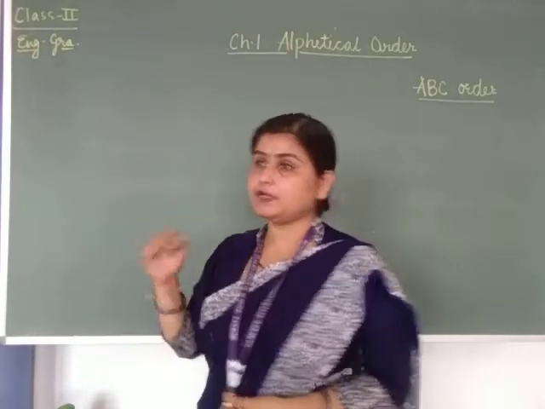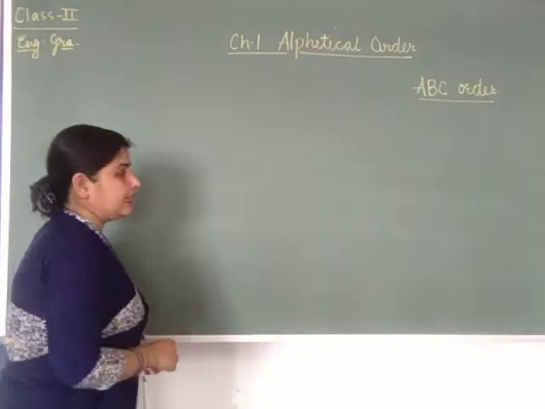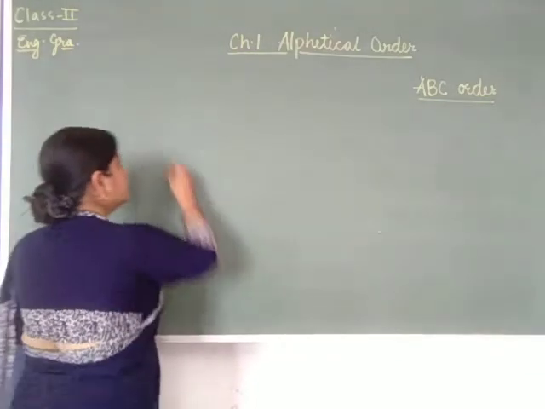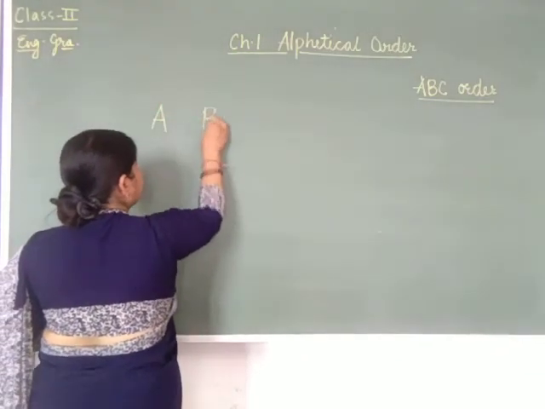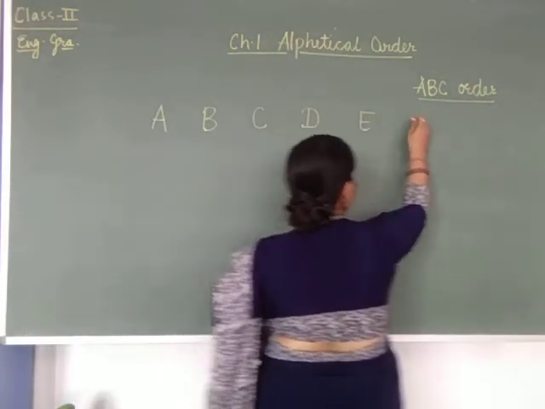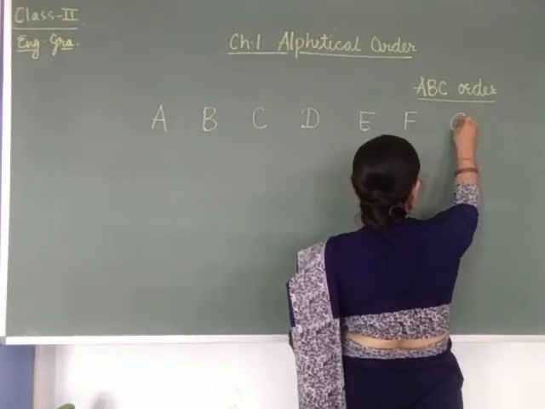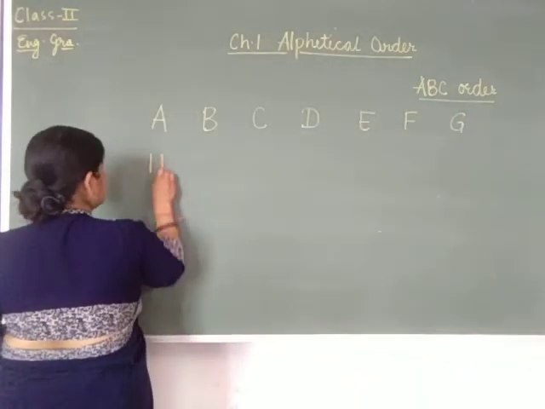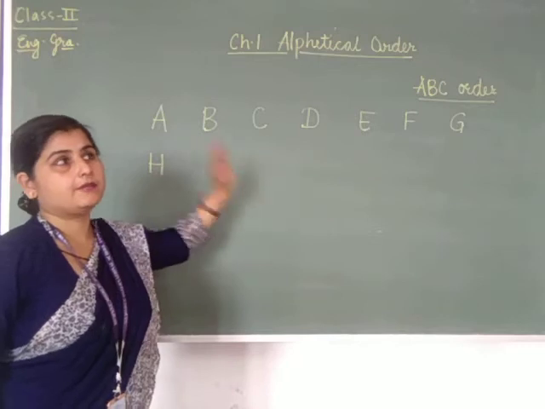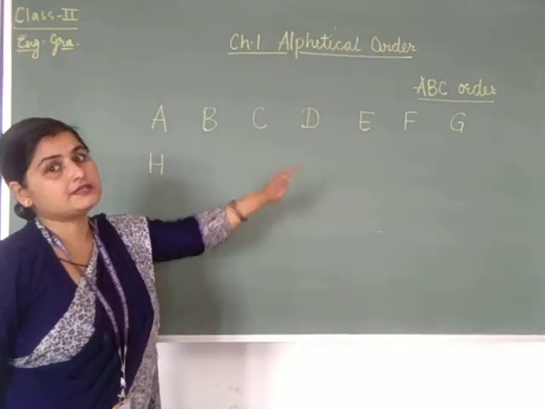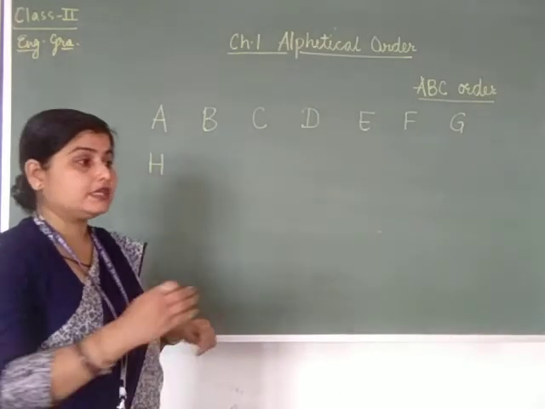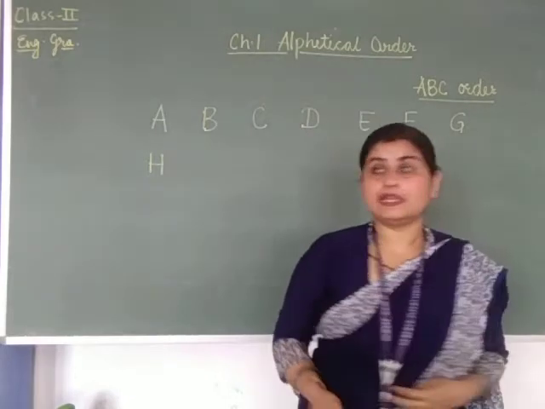Okay. Now let me write on the board, then you will get to know that the 26 letters of the English alphabet have an order, that A, then B, then C, D, E, F, G, H. All these letters I am writing in an order, and because they are the letters of the alphabet, that's why it is called an alphabetical order. कि alphabets को कैसे order में लिखते हैं.